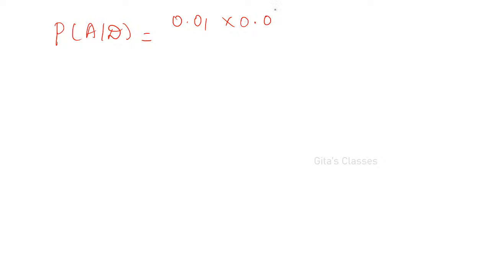So 0.33. You can take 2 or 3 digits, or 0.33 you can take, divided by, in the denominator you will have the same thing.